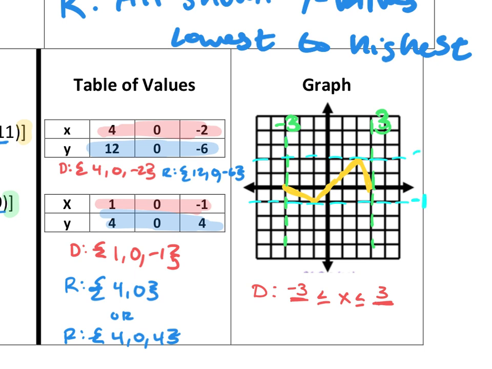The highest point here would be +2. And guess what? Your range is going to take the same thing, except instead of using an X in the middle, what do you think it's going to use? A Y. You are 100% correct. And it's the same idea here. Your range is -1 for the smallest part, and your highest part is +2.